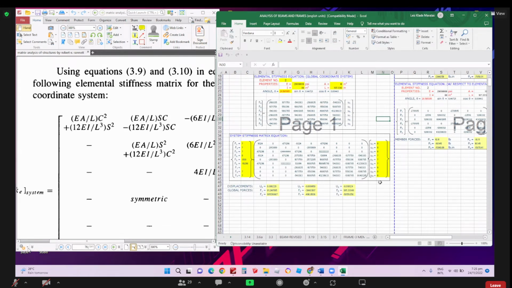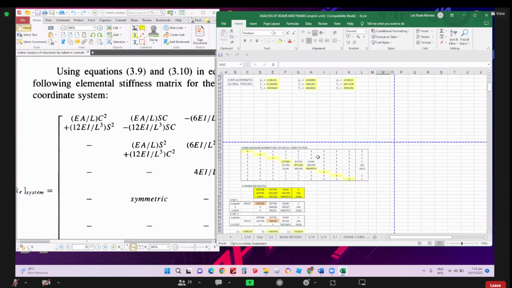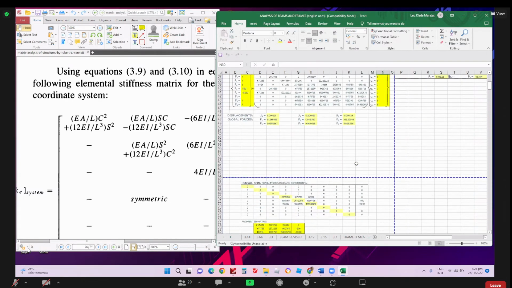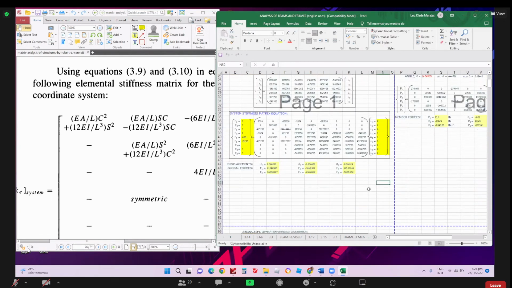After that, you form the reduced stiffness matrix. Once you have the reduced stiffness matrix, you solve the displacements. Simple as that. Once you have the displacements, you can solve the reactions. After that, the member forces. So it just repeats.